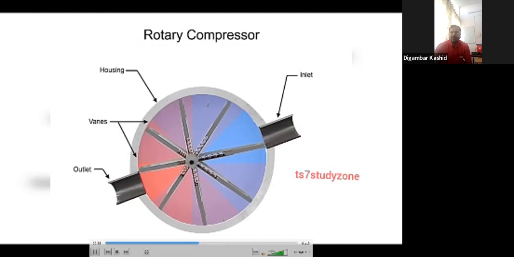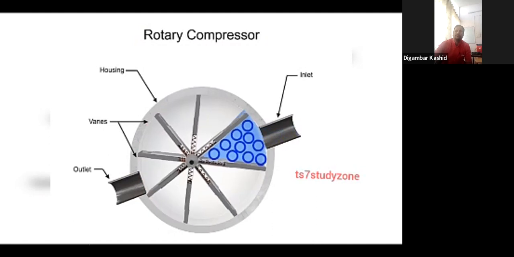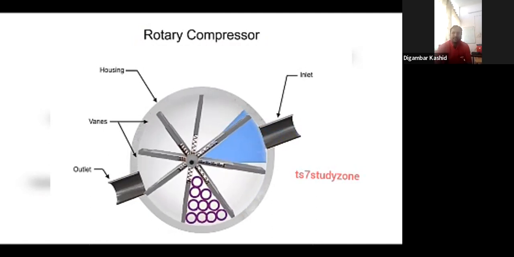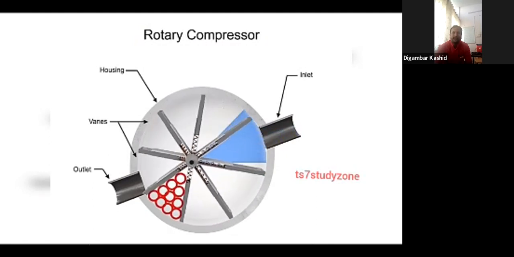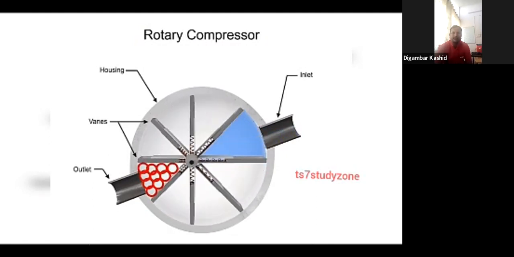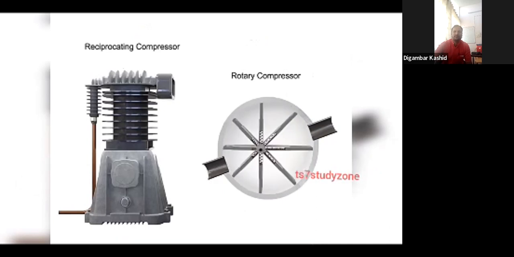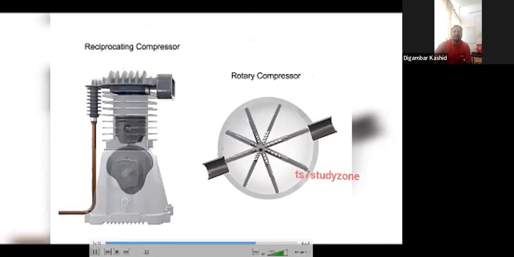At the largest chamber, as the vanes rotate, they retract, causing the chamber to get smaller and compress the air. Air exits at the smallest chamber and then it is discharged. Rotary compressors are typically free of the vibration and pulsation that occurs with reciprocating compressors.